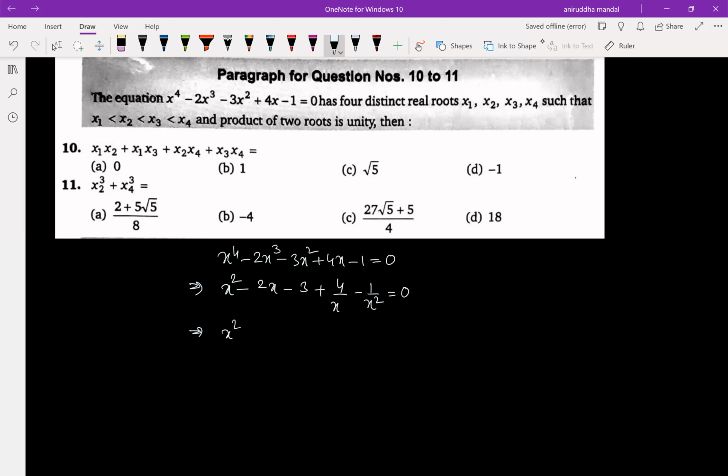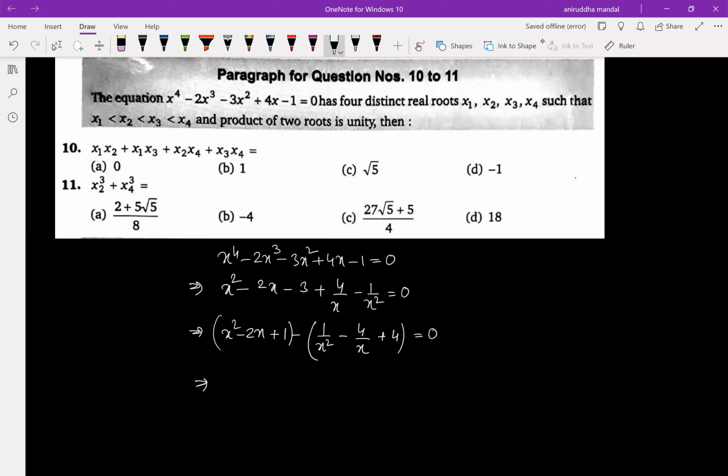And again, we can write 3 as minus 1 plus 1 minus 4, so this can be written as 4 minus 6 and this is 4.